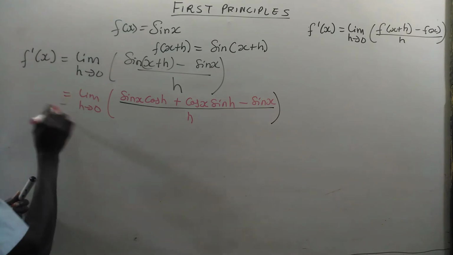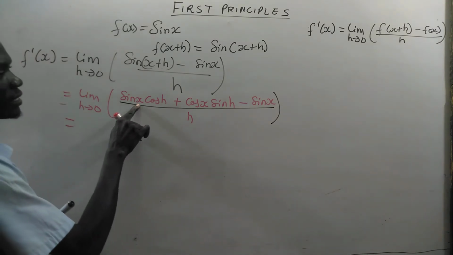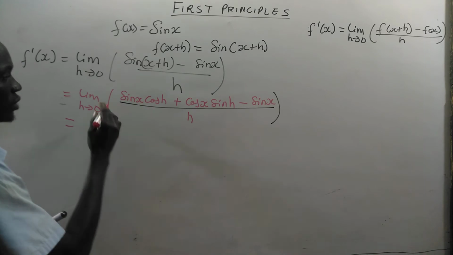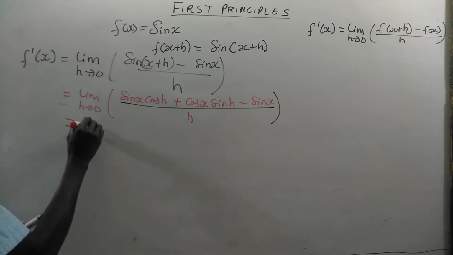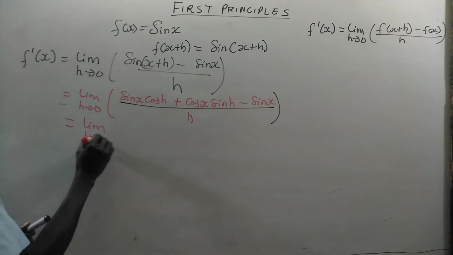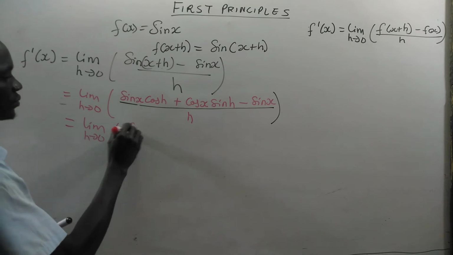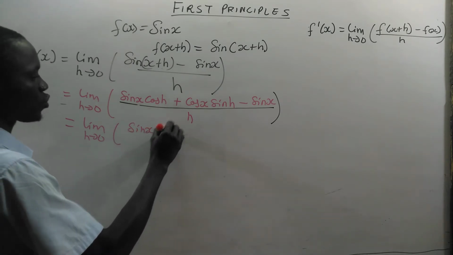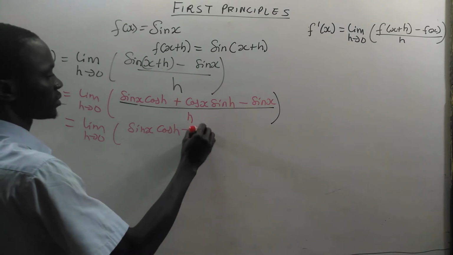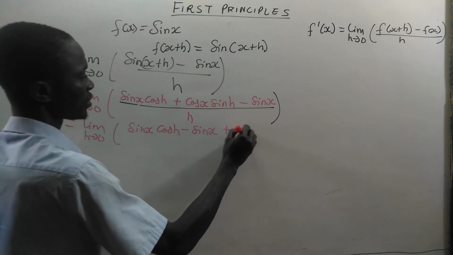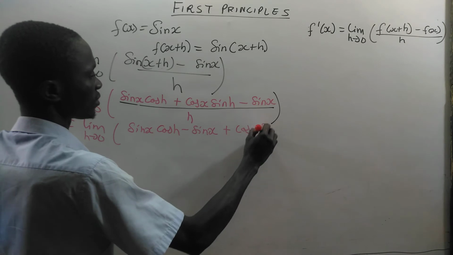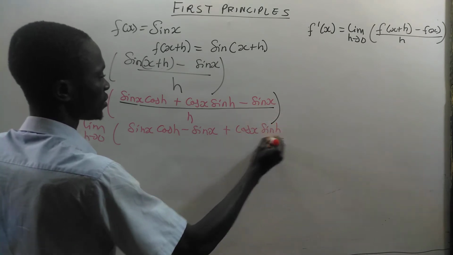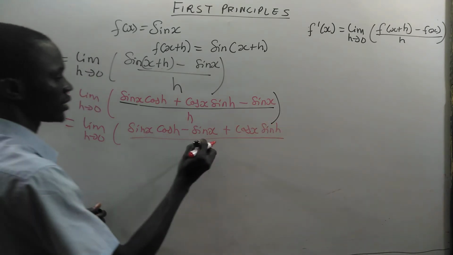So what we do is that we have sine x minus sine x, so let's put them together. So we have the limit as h approaches 0 of sine x cosine h minus sine x plus cosine x sine h, all divided by h.